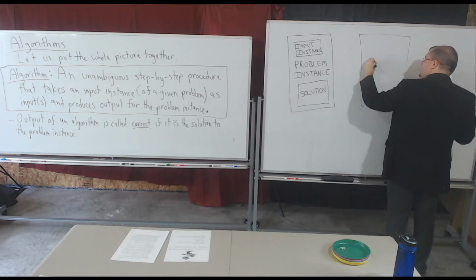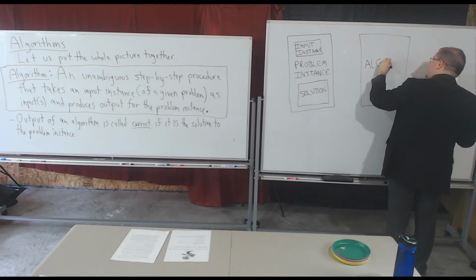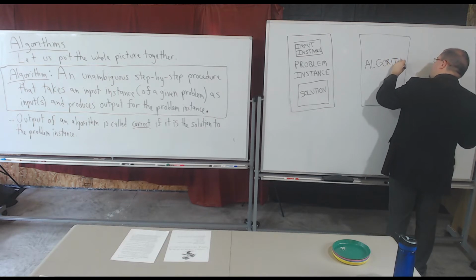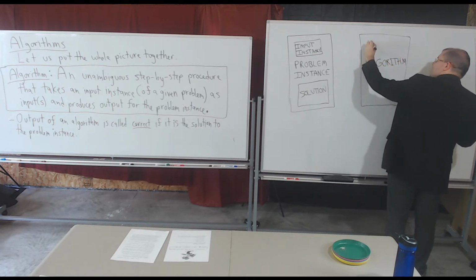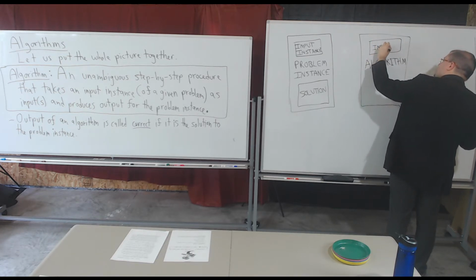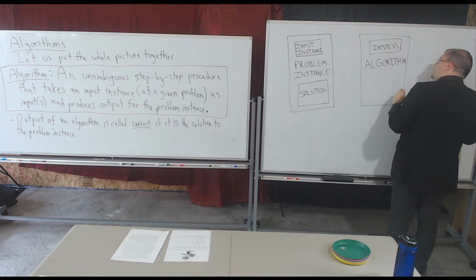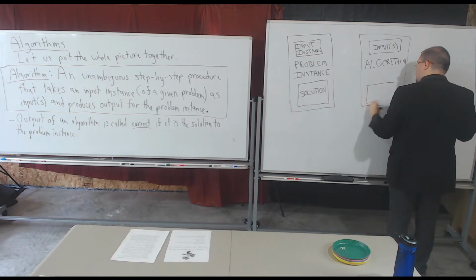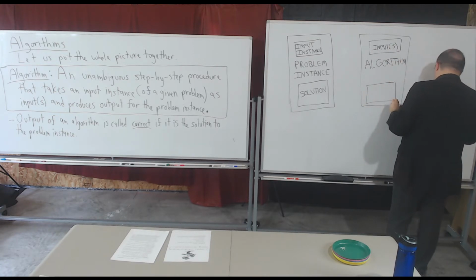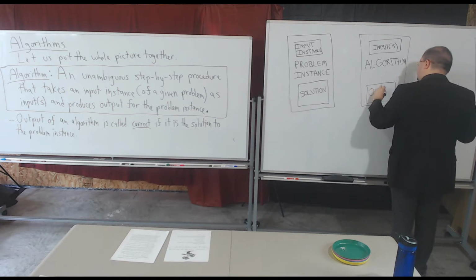So I have this notion of an algorithm. The algorithm has inputs. So these would be your parameters that accept inputs, and it has output.